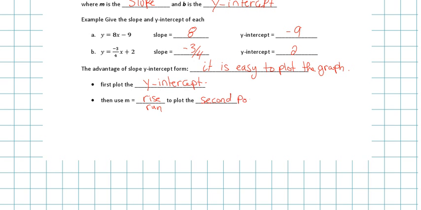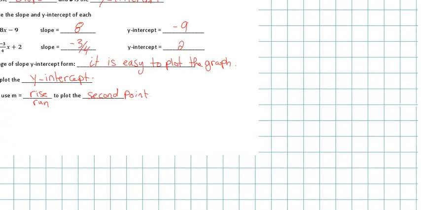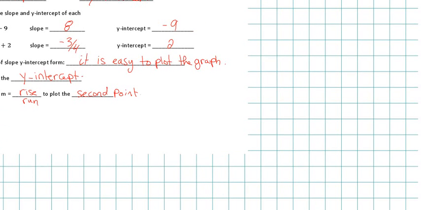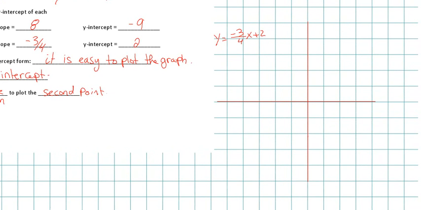So let's look at an example. I'm going to use the example above, y equals negative 3 over 4x plus 2.